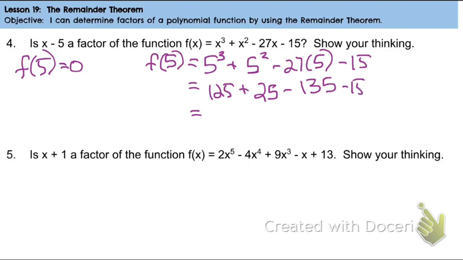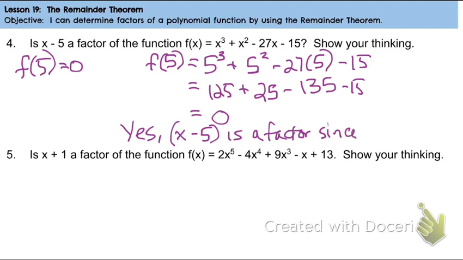So I get 150 minus 135 is 15 minus 15 is 0. So yes, x minus 5 is a factor since f of 5 is 0. There's no remainder.